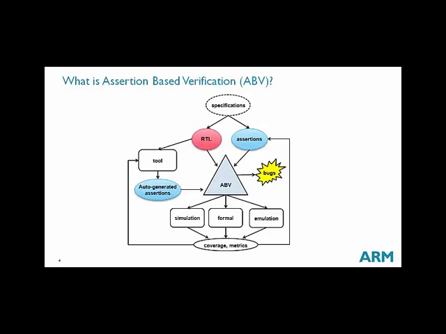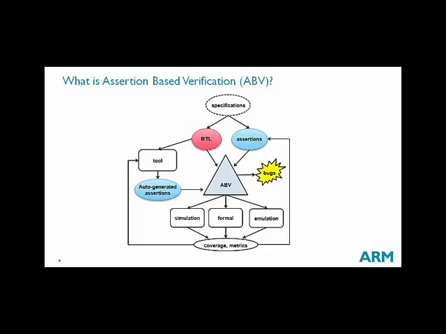Then we combine these two, RTL and assertions, for ABV. That means we run these assertions in simulation, formal, or emulation tools. From that, we can get bugs. This is what we are looking for. And we can get some metrics also, like what our assertions cover in the design.